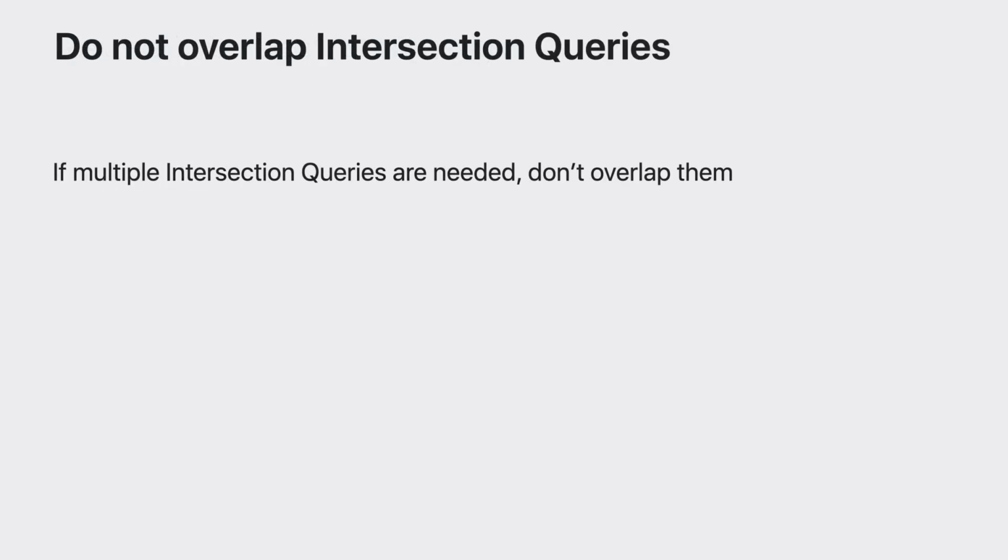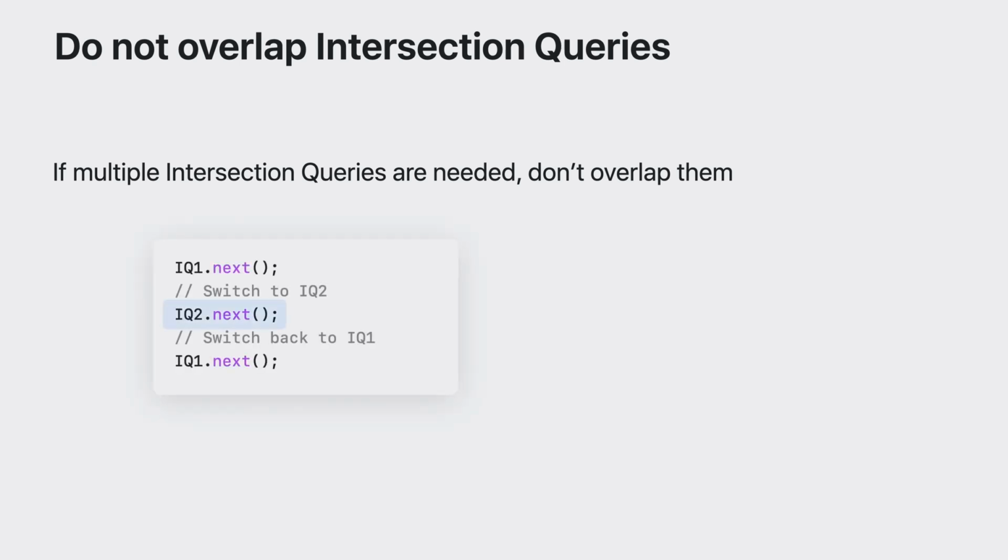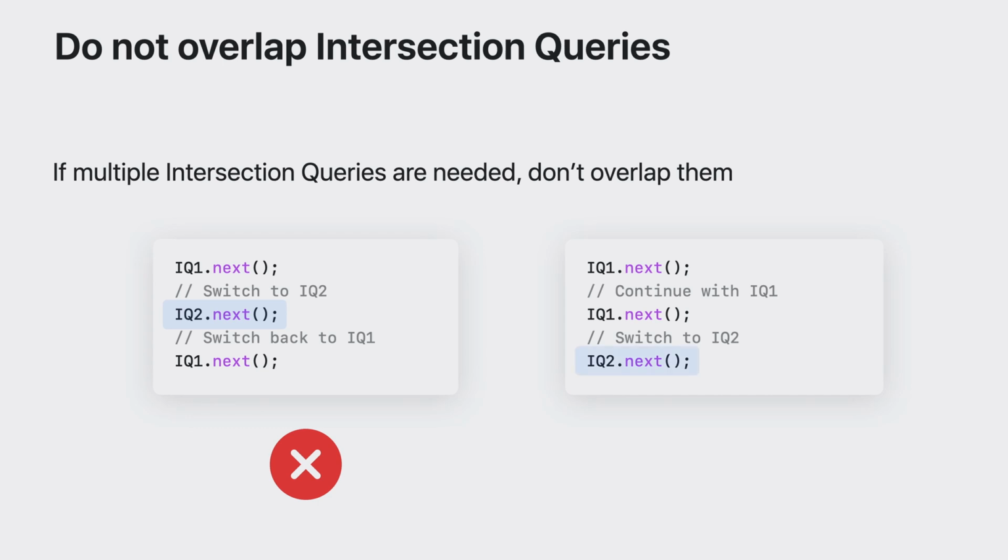When using multiple intersection queries, avoid switching between them and overlapping their traversal. This avoids expensive swaps between the in-progress hardware traversals. For example, instead of switching from IQ1 to IQ2 and then back to IQ1, continue with IQ1 and complete the ray tracing work with it before switching to IQ2.